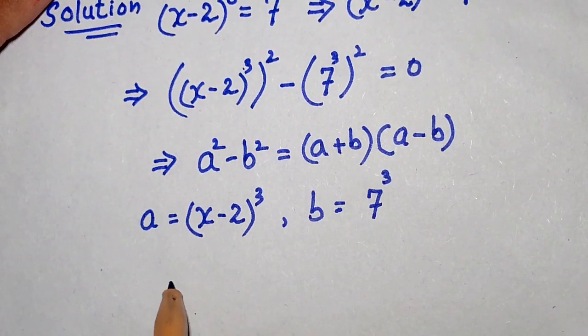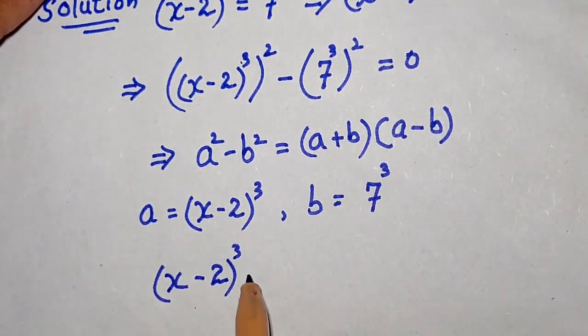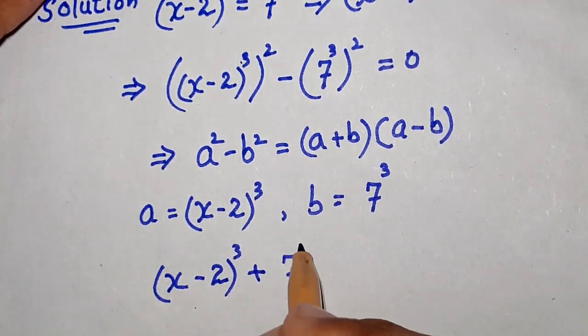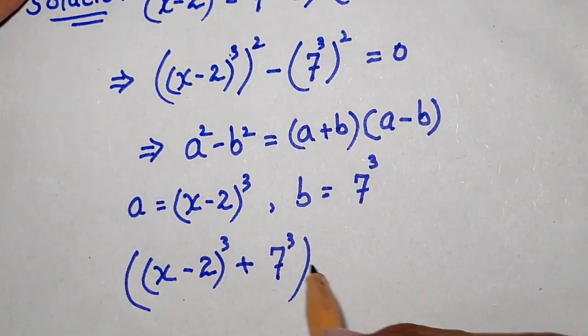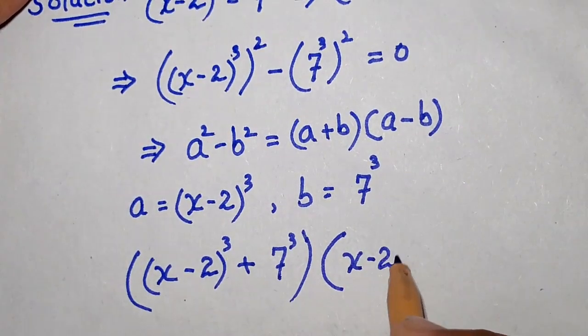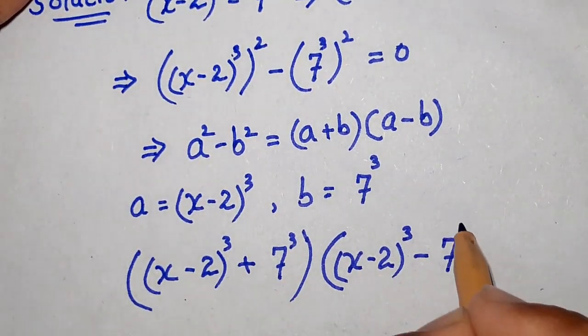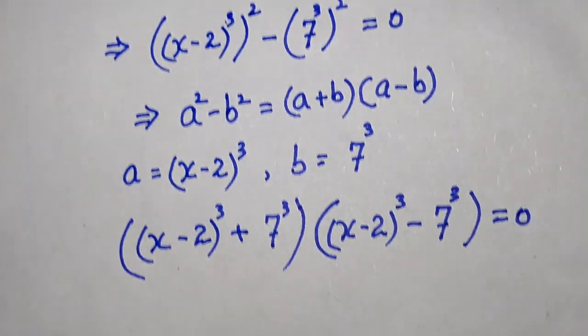So this will become ((x − 2)^3 + 7^3) times ((x − 2)^3 − 7^3), and this is equal to 0.